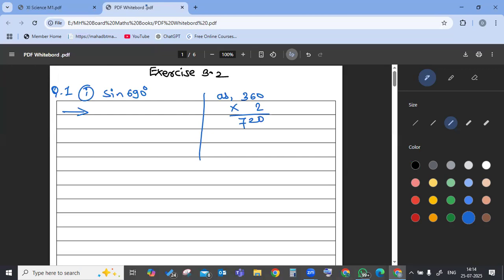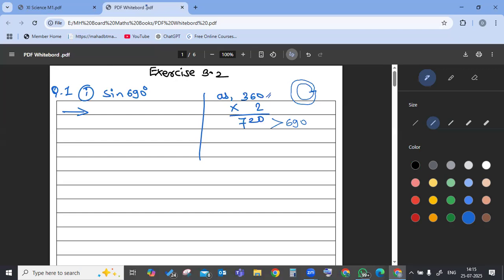So it becomes 720, and 720 means two rotations, one rotation, then second rotation, complete, right? Now 690 is less than 720 degree. Getting it? So 690 is less than 720.